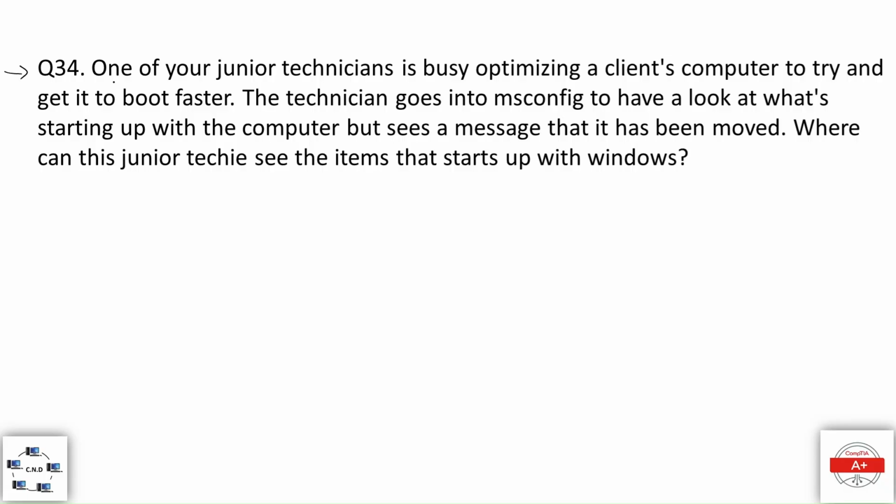Question number 34. One of your junior technicians is busy optimizing a client's computer to try and get it to boot faster. The technician goes into MSConfig to have a look at what's starting up with the computer but sees a message that it has been moved. Where can this junior technician find items that start up with Windows?